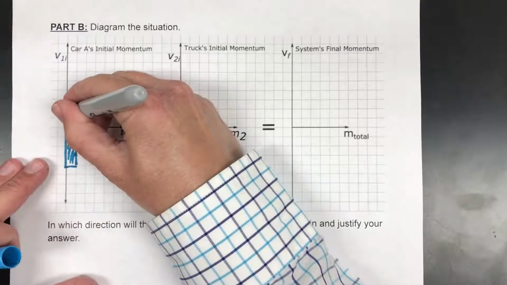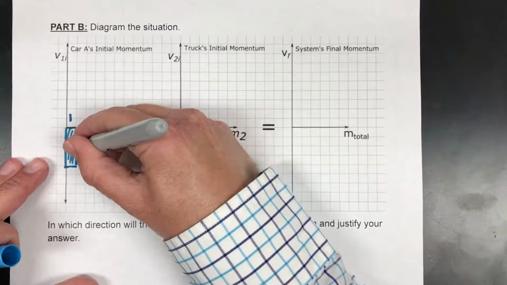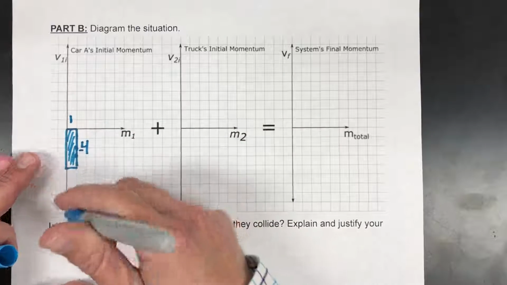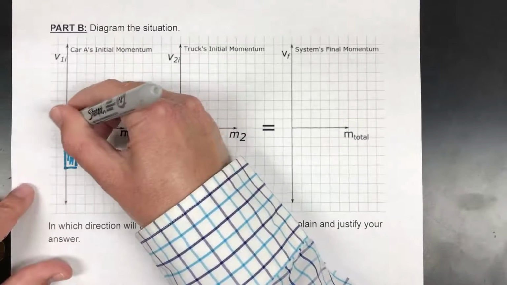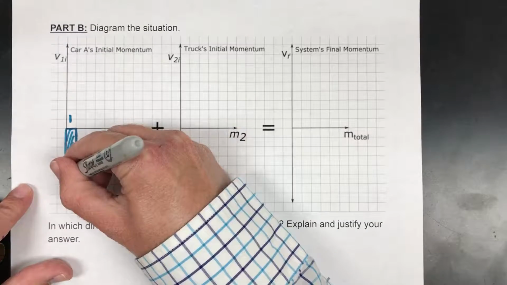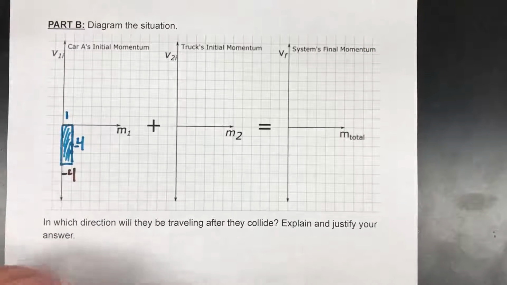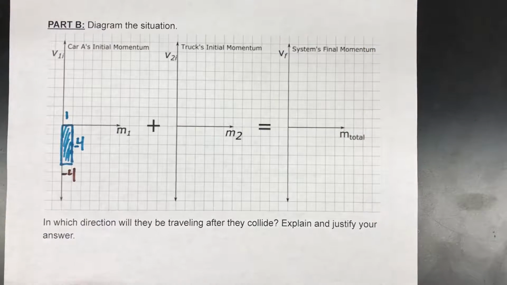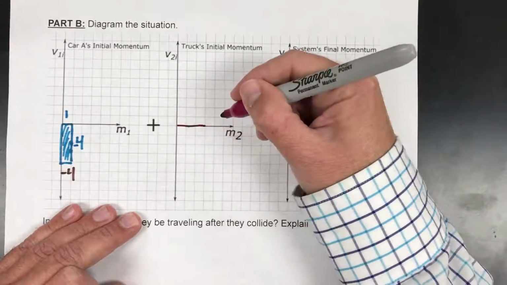Again, you can think about it like this. The car's got a mass of 1, and I've just arbitrarily given it a velocity of -4. So its momentum, its mass times its velocity, is -4. For the truck, it's got a mass of 3, so it's got to be 3 bars wide.